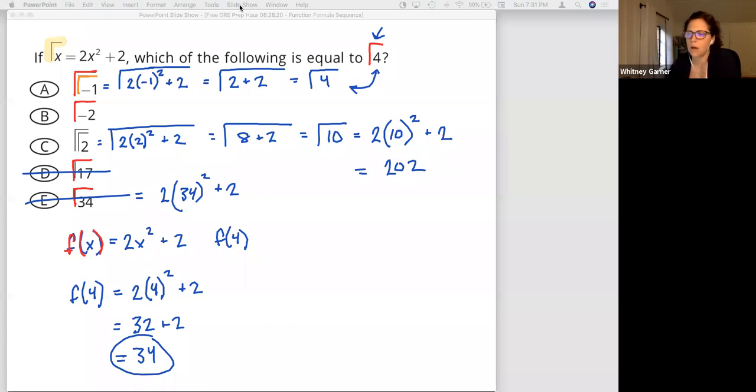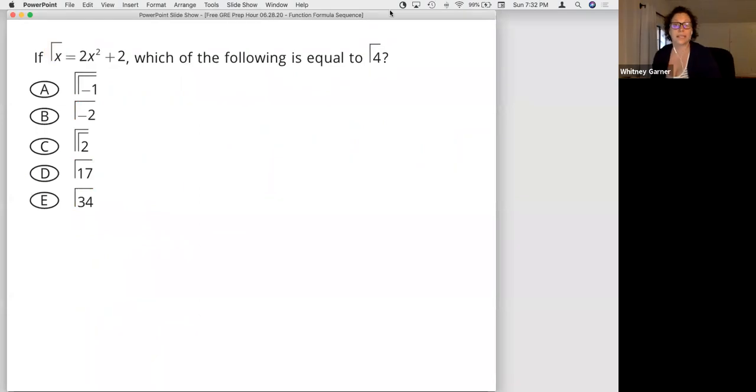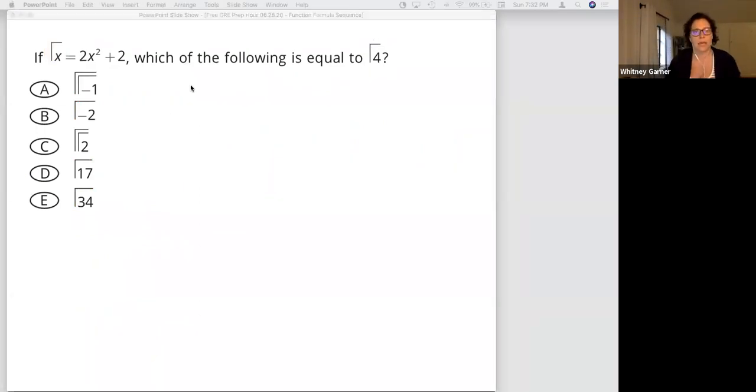Let's try one, which was the equivalent of asking f of x equals 4. Not quite right. So this was the equivalent. If you wanted to translate this into an f of something notation, this would literally be: if f of x equals 2x squared plus 2, then which of the following is equal to f of 4?